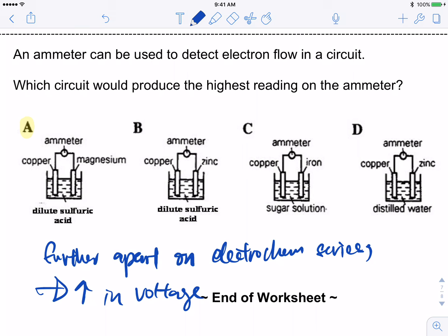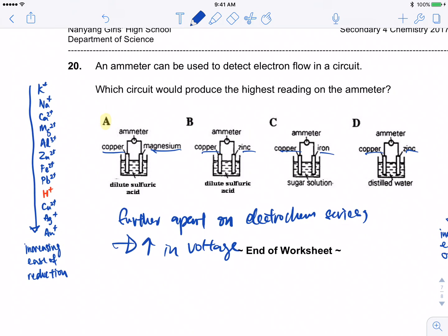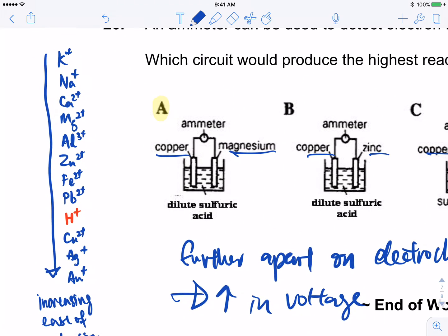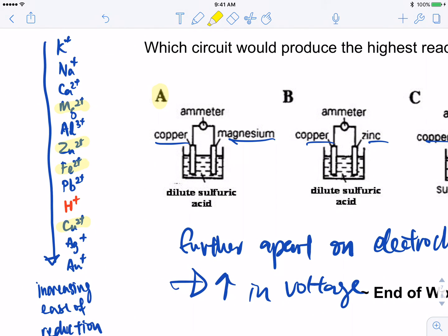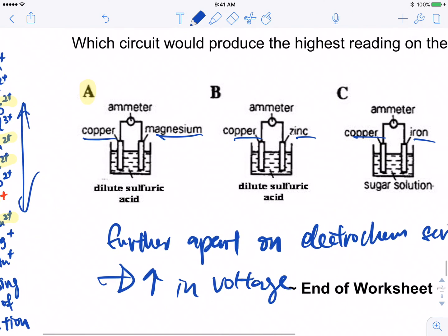So if you look at these, we have copper, magnesium, copper, zinc, copper, iron, copper, zinc. Okay, let's highlight the options: copper, magnesium. Second option, copper, zinc. Third option, copper, iron. So you can see that with magnesium, there's the biggest difference.